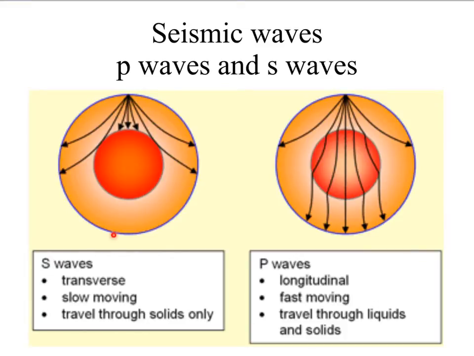S waves over here can be detected in some locations around the globe, but not in others. Now, this tells us that the Earth must have a liquid core, which is preventing these S waves from travelling through and being seen on the other side of the Earth.